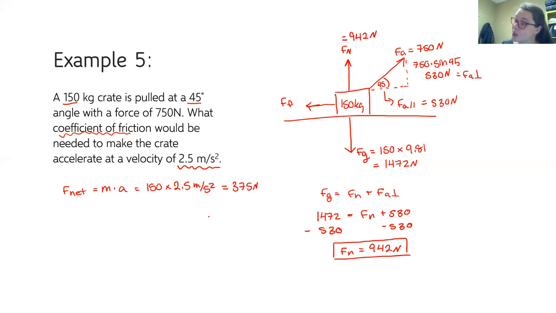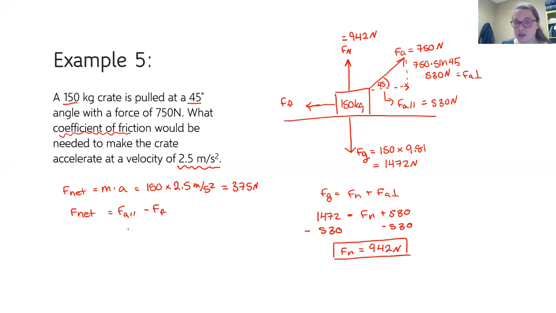Okay, so now I can find out what the force of friction is. I know that there's a force pulling forwards that's 530 newtons. The opposite direction is the force of friction, which we don't know, but if we subtract those two, we're left with a net force of 375. So our net force is equal to the parallel force applied, the one that's in the same direction as the surface, same direction as the motion, minus the force of friction.